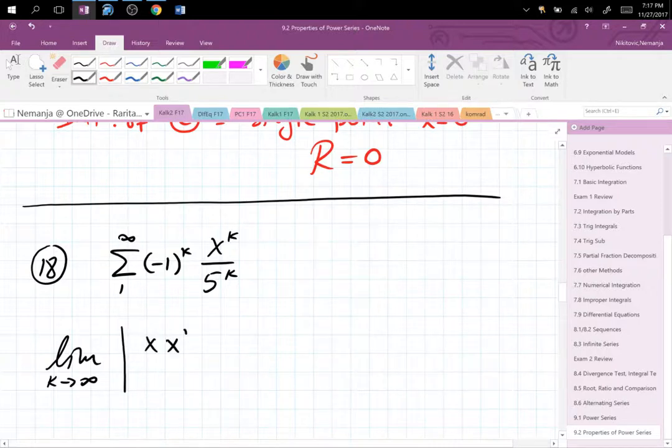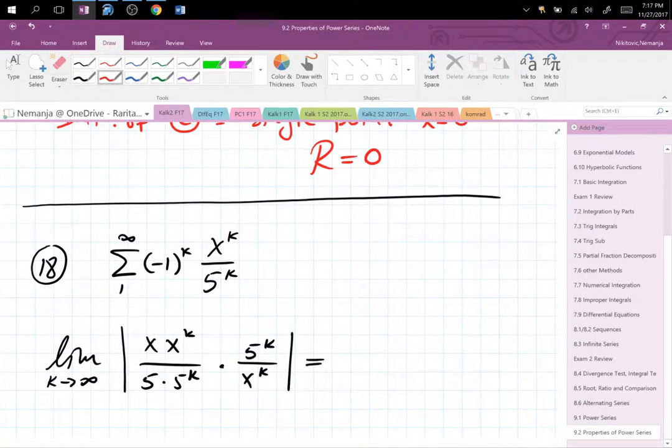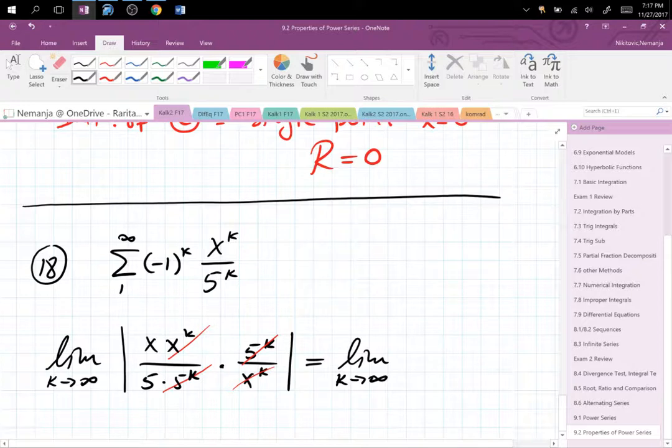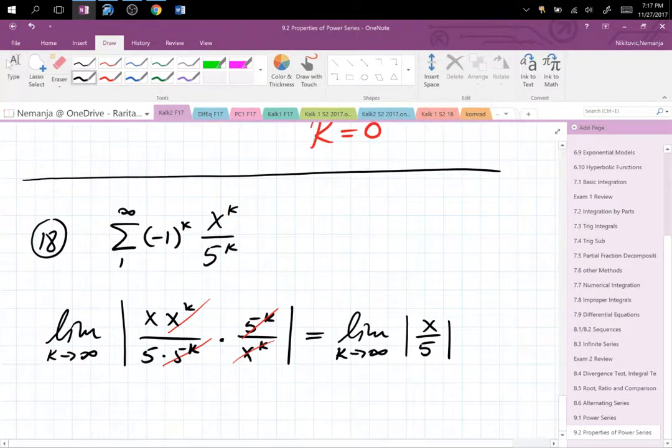Alright, so I'm going to do the peeling right away as well. Now I skipped like 3 steps. So this gives us x over 5 in absolute value.